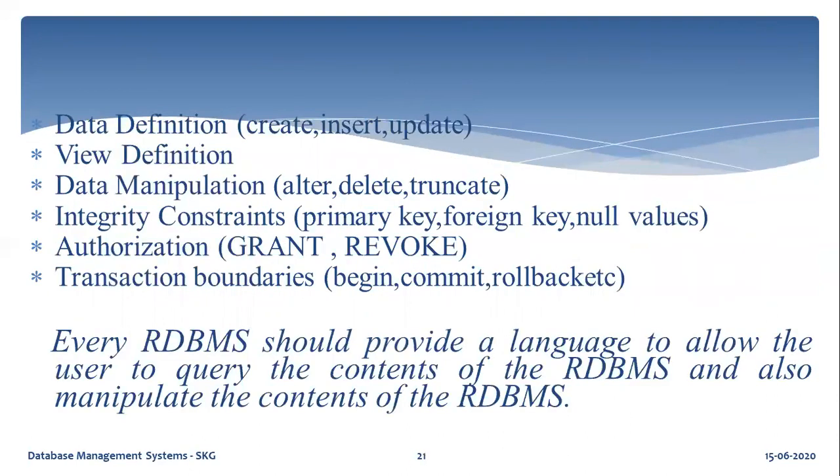For data definition, view definition, data manipulation like alter, delete, truncate, integrity constraints, primary key setting and all other keys, null value setting. Authorization means security purposes, to grant permissions, revoke, and transaction boundaries. Every RDBMS should provide a language to allow the user to query the contents of the RDBMS and also manipulate the contents of the RDBMS. So for all the above points, we have to provide some syntax in SQL, so all can be handled.